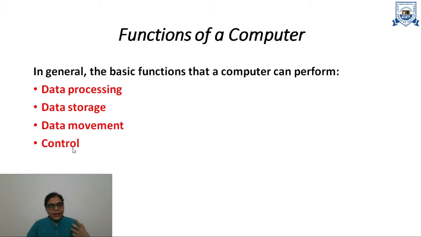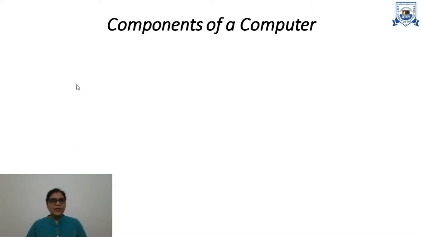Control: a computer has many components, so it has a mechanism that performs the function of controlling those modules as well as the operation of those modules. According to these functions, we have various components of a computer.